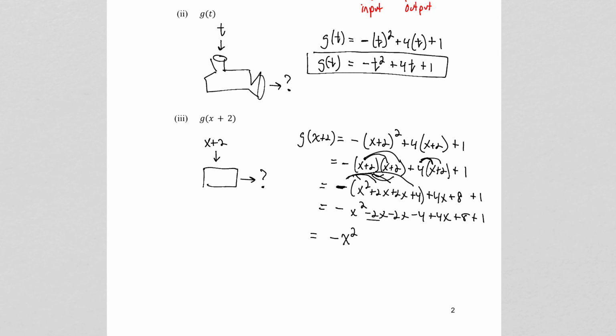I have negative 2x plus 4x. Add them up. That is 0x, so I'm just going to cross those out. And then I have negative 4 plus 8, that's 4, plus 1 is 5. So g of x plus 2 is equal to negative x squared plus 5.